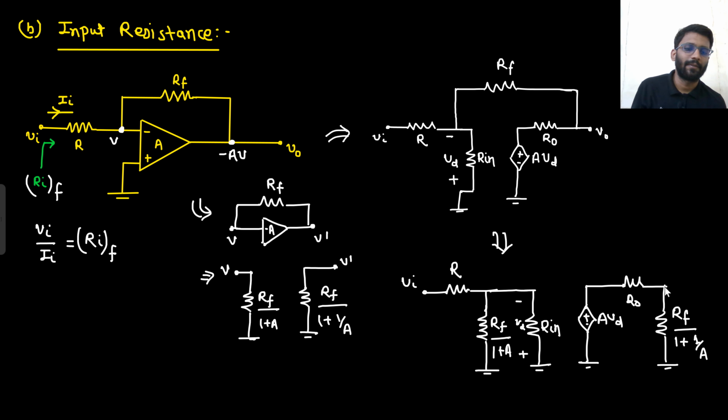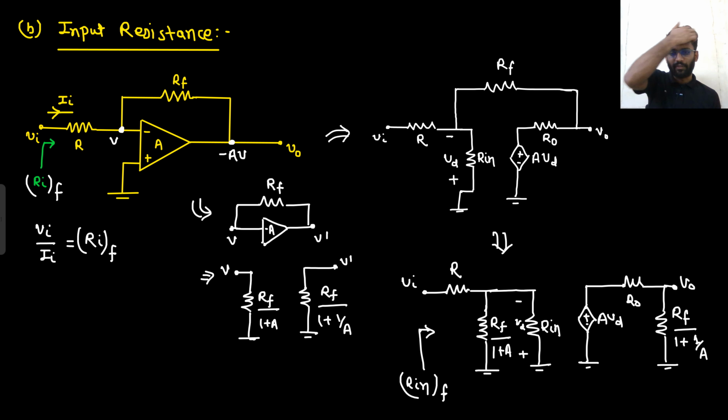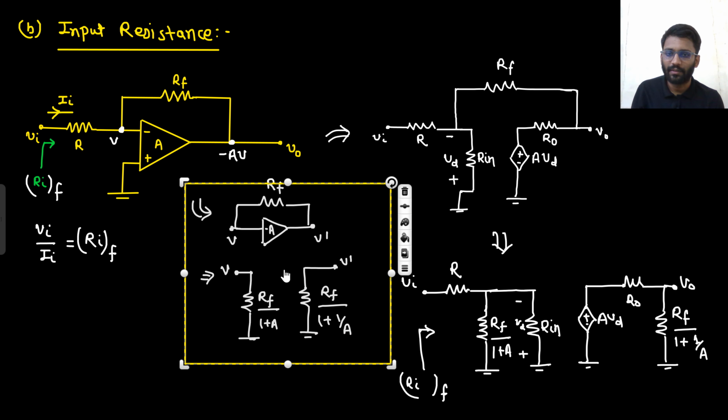And this is your V naught. But you don't need to think of this side. You just need to tell the resistance from here. This is your R in with feedback. This I will close in a box.